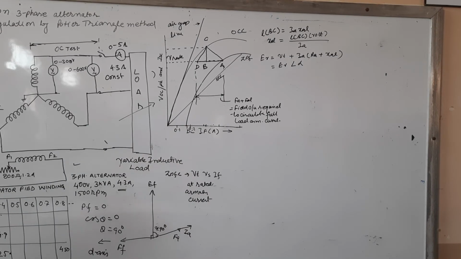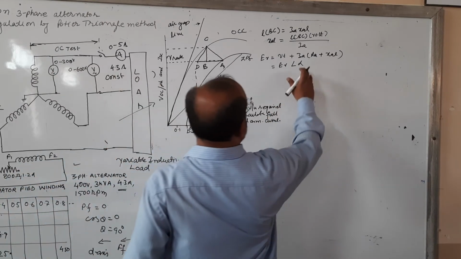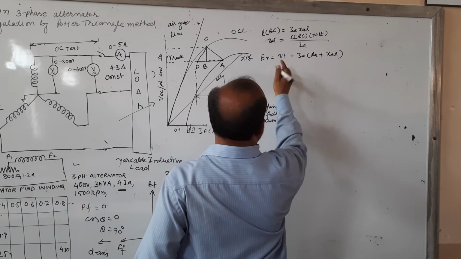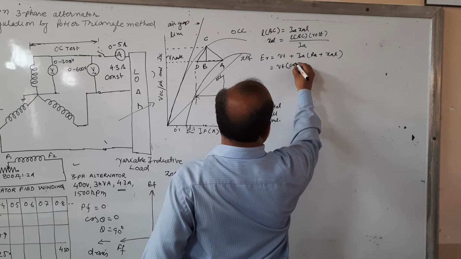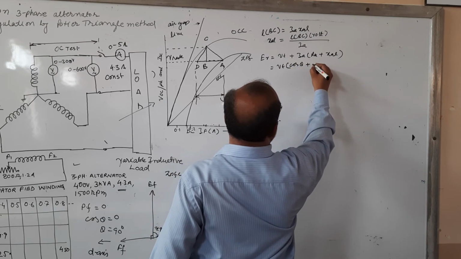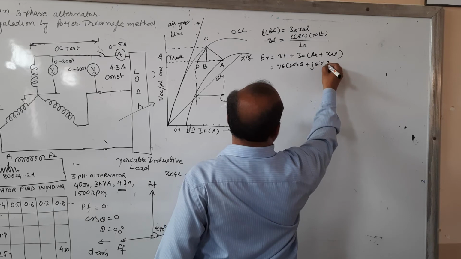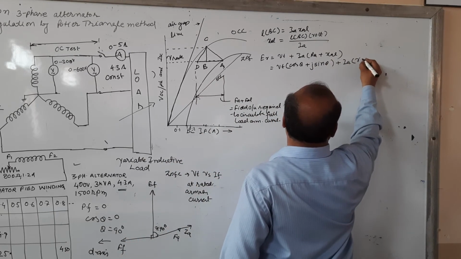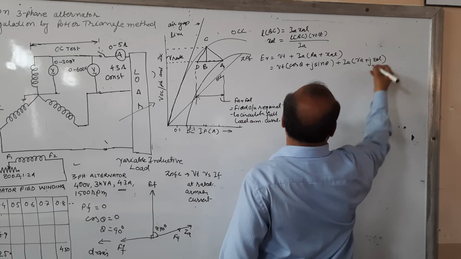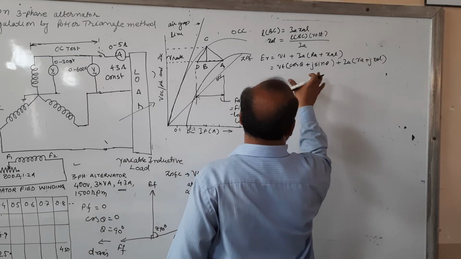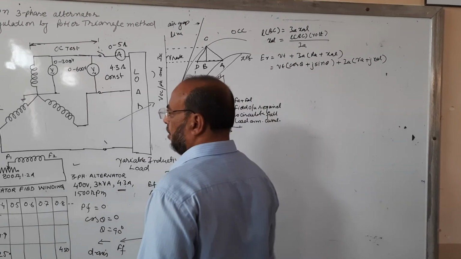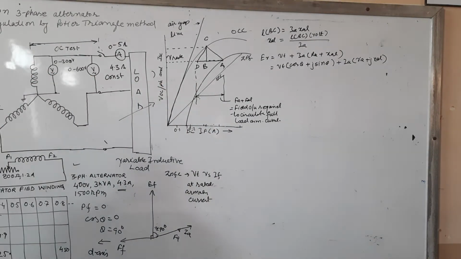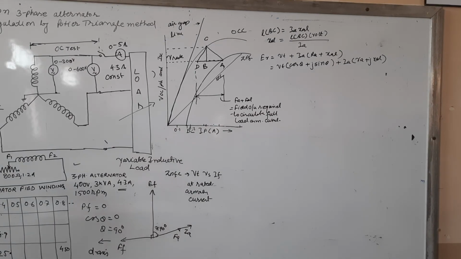Now calculate the field current FR. So we can expand this one also. It is VT cos theta plus j sin theta plus IA into bracket RA plus jXA. By this way we are going to find out its magnitude and angle. So from this angle we can find the value of FR.